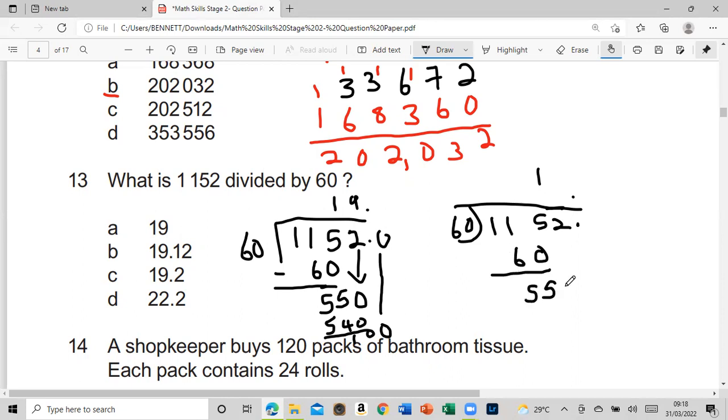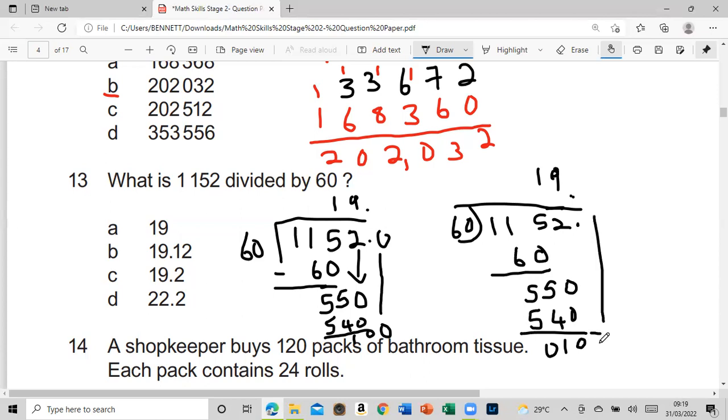Carry down 0. 6 into this, 6, 9, 54, so that's 540. The decimal point is already there.